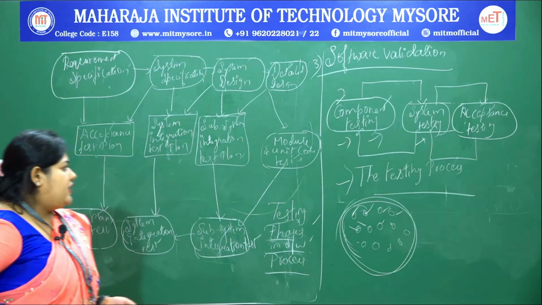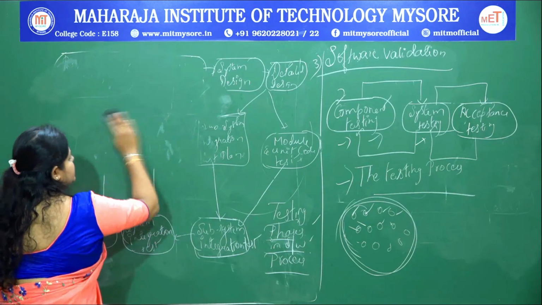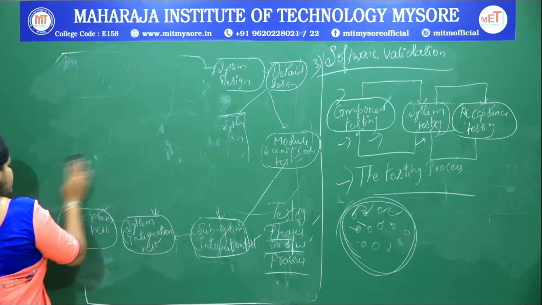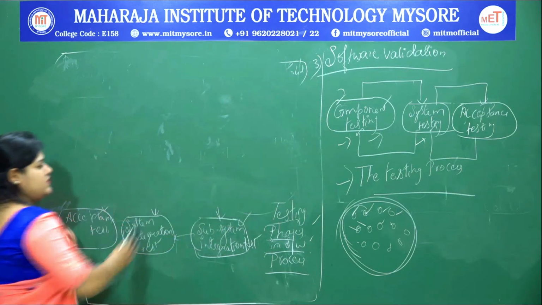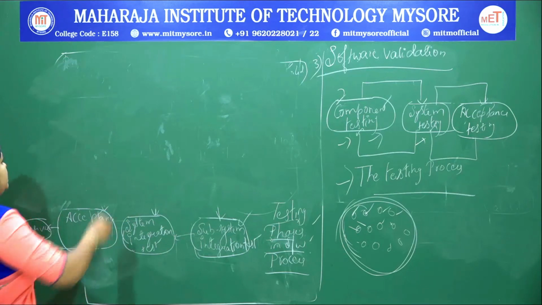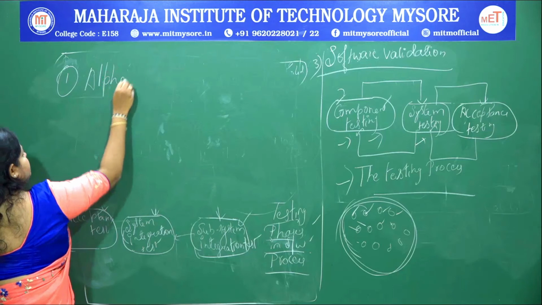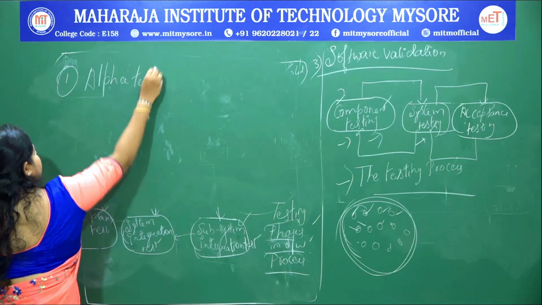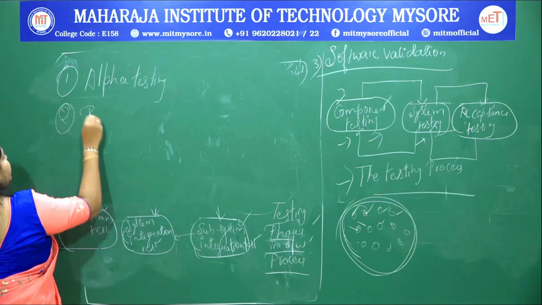And one more thing you should keep in mind with respect to the testing phases is, when do you accept this? So, in acceptance testing we have two types, that is alpha testing and the second one is beta testing.